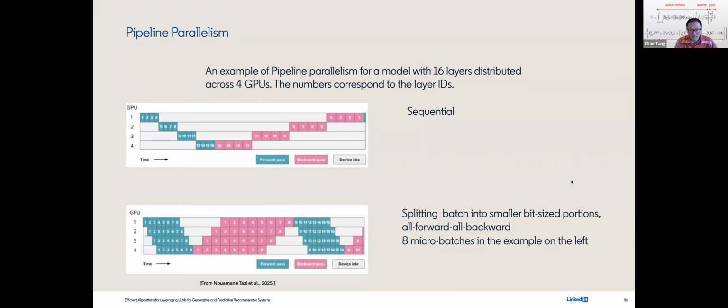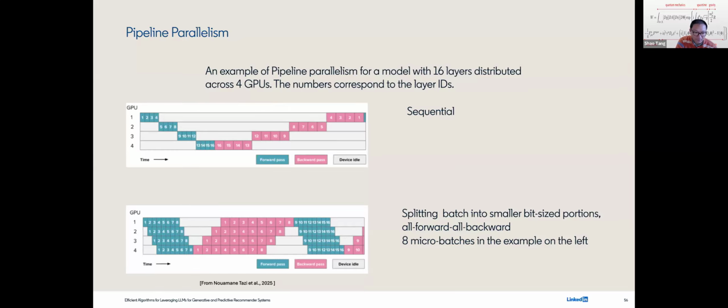The immediate improvement is that instead of a single large batch, we can split the batch into smaller micro batches. In this illustration, we are using 8 micro batches in the example on the left. This pattern is called all forward, all backward.